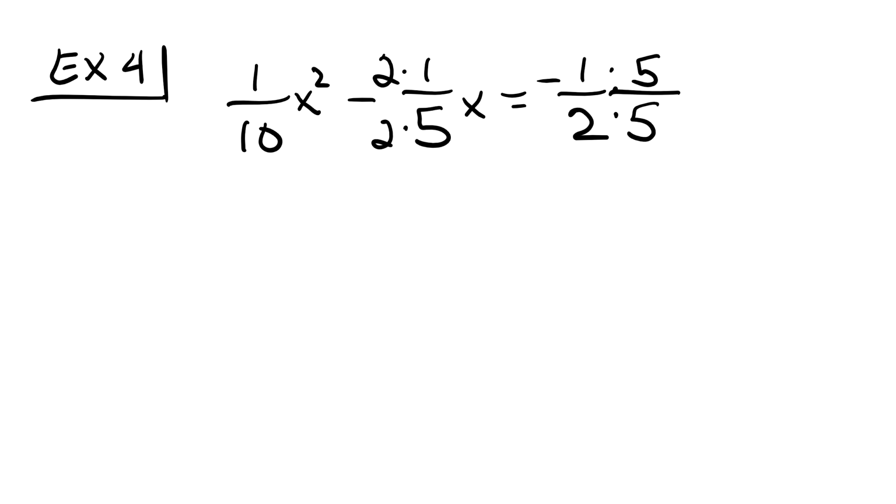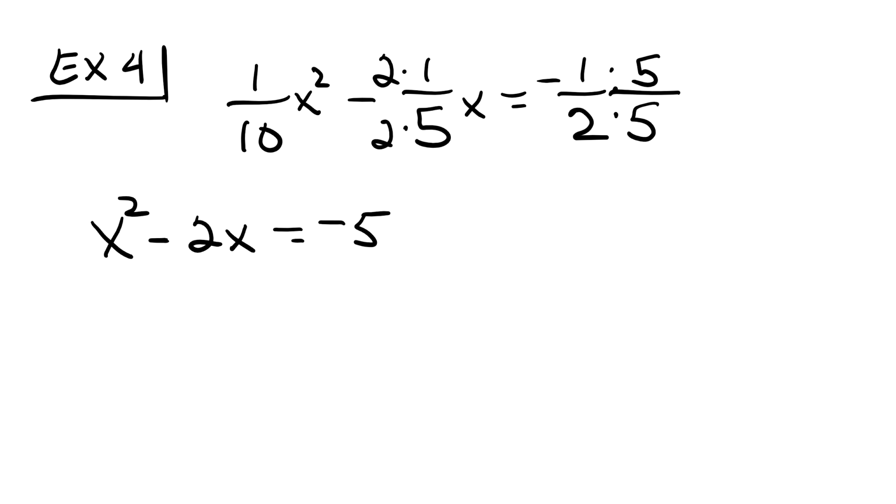All right, so what happens? I end up with, my denominators are going to be the same now, so I'm going to end up with 1x squared minus 2x. That's negative 2 times 1 is negative 2x. And then that's going to equal, what have I got there? Negative 5.